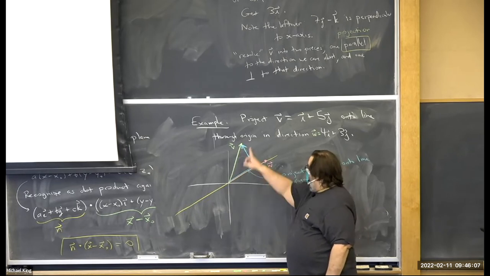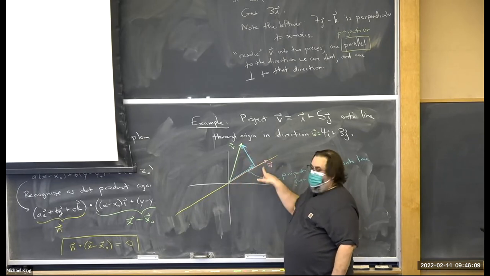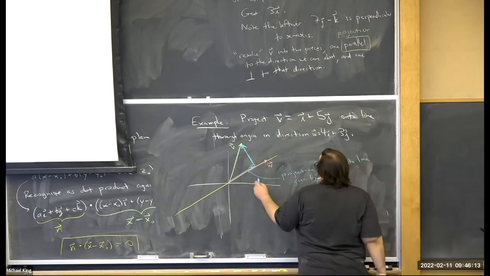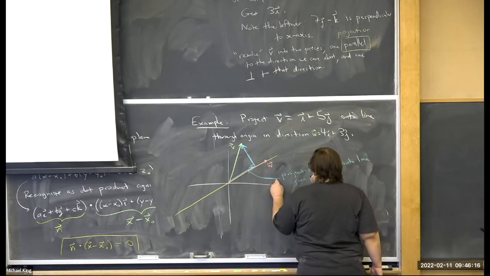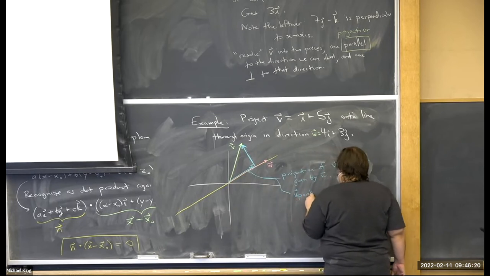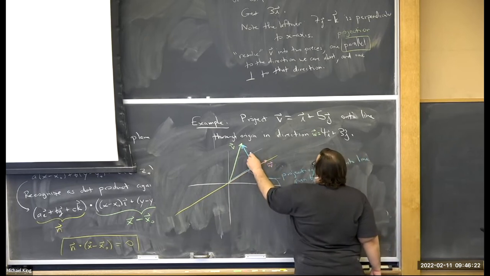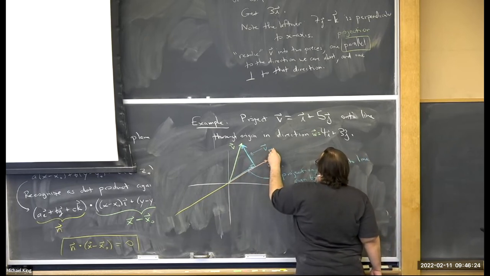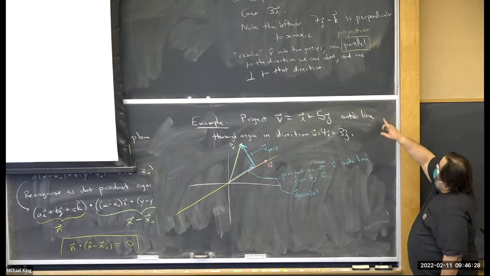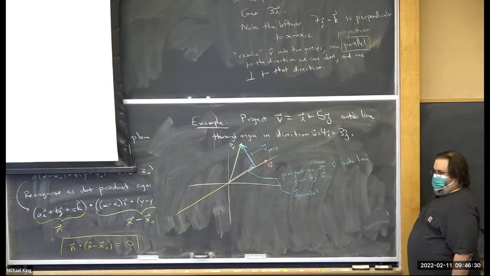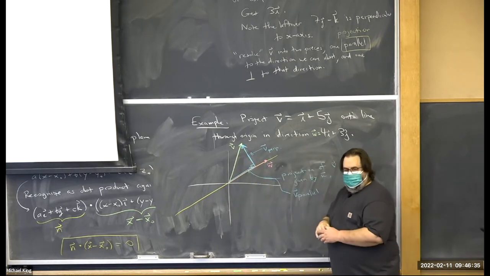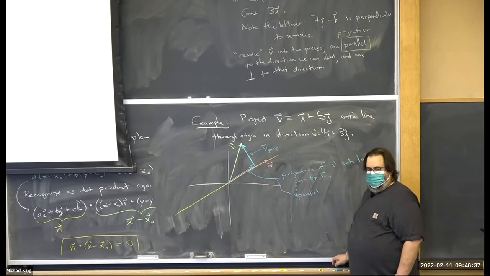I'm resolving v into a sum of two things, one parallel and one perpendicular. So the book calls this v parallel, and this v perp, or perpendicular. So when I was talking about resolving into two pieces, these would be the two pieces, one parallel to w and one perpendicular to w. Does that make sense, at least conceptually, what I'm asking for?